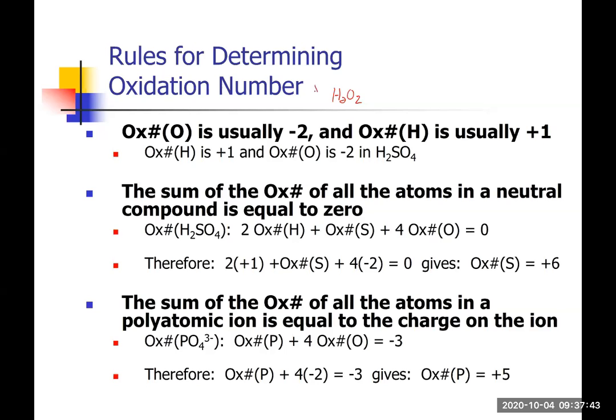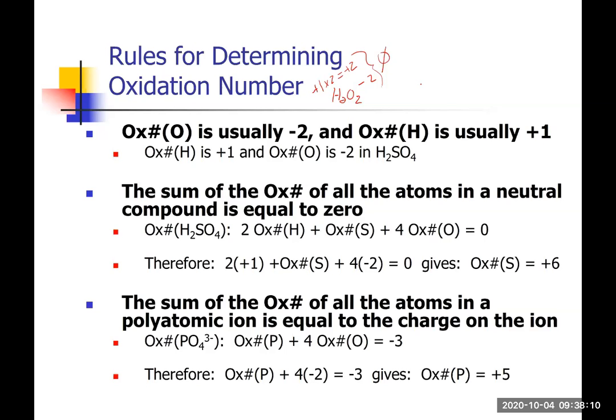So +1 times 2 gives us +2 contribution of charge to this compound. That means those 2 oxygens are going to have to give us -2 in order for these oxidation states to sum to 0, because H2O2 is a neutral compound.